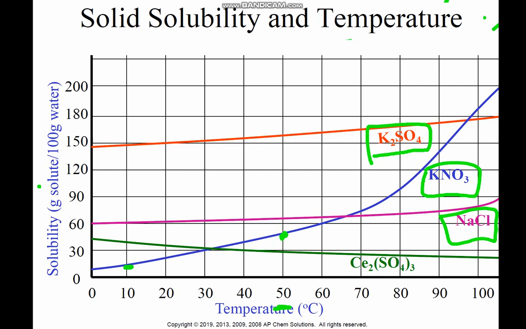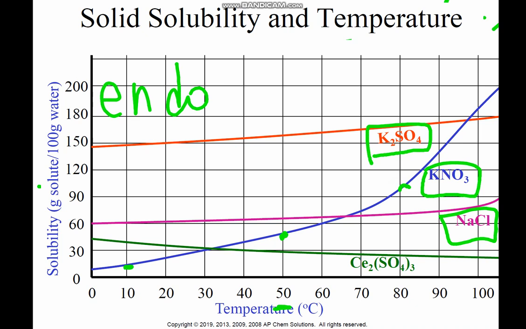At 80 degrees, I can dissolve about 95 grams, and so on. So it increases as temperature increases. I can put more and more potassium nitrate in. Okay, this means that because those curves increase, those three are endothermic. When they dissolve in water, they're going to be endothermic.